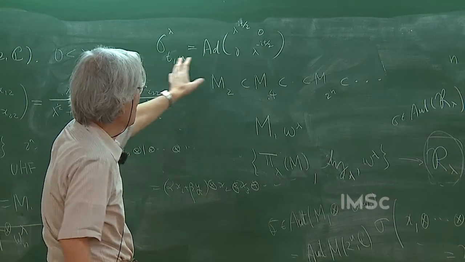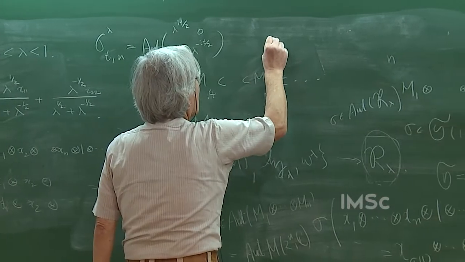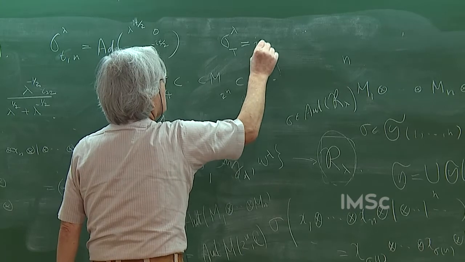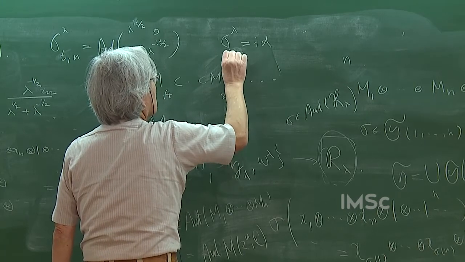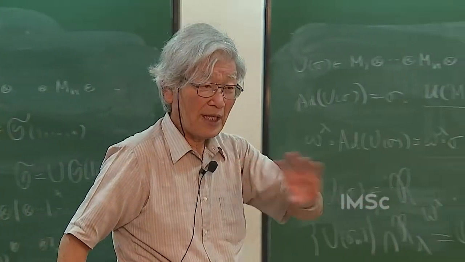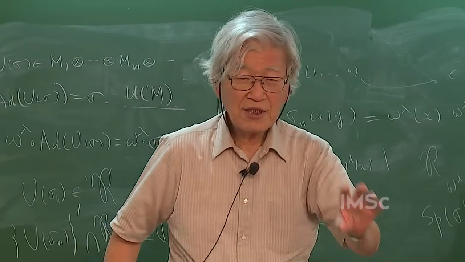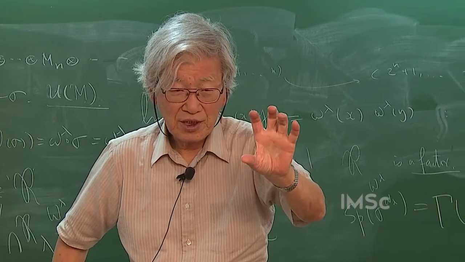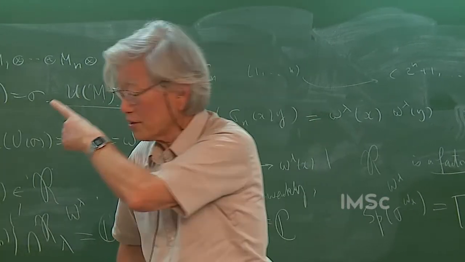And you have sigma lambda t equal to identity on n, uniformly in n, when t hits the period capital T. Then that's identity.